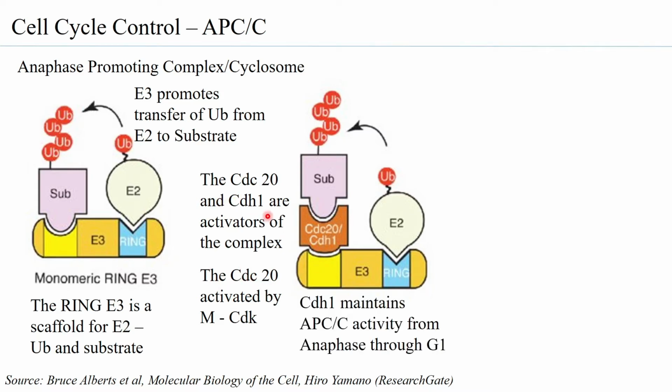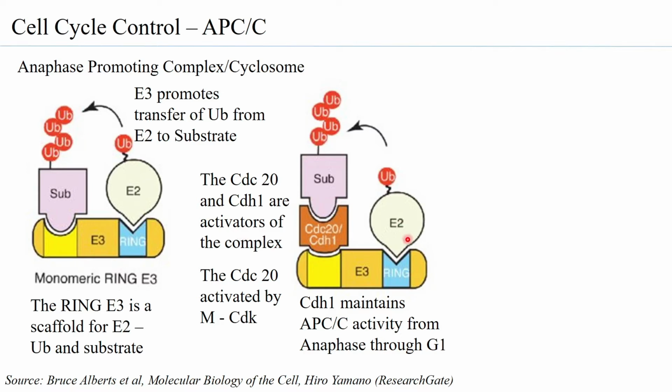The other molecule CDH1 can remain bound to the anaphase promoting complex and maintain the activity of APCC from anaphase through G1. This is something that the CDH1 has been observed to carry out.